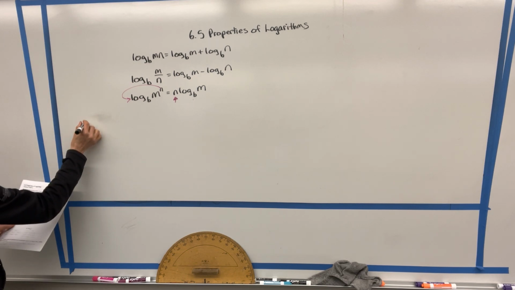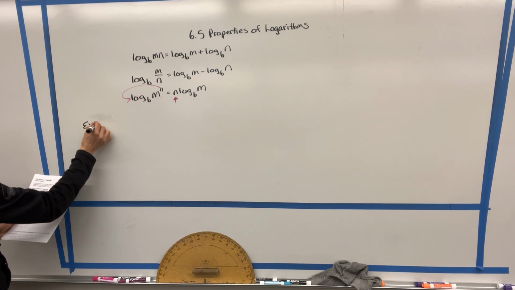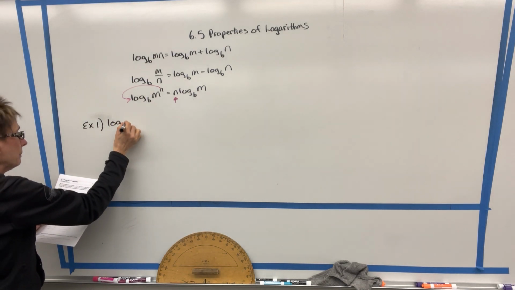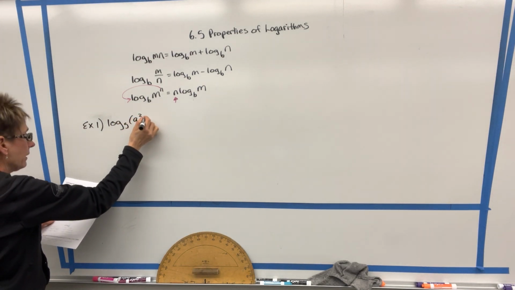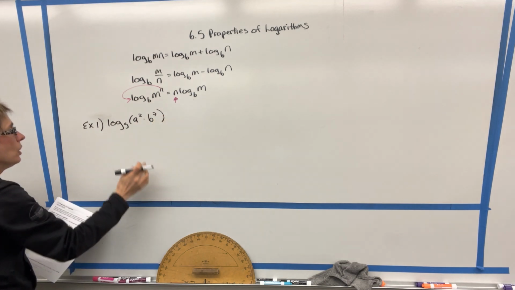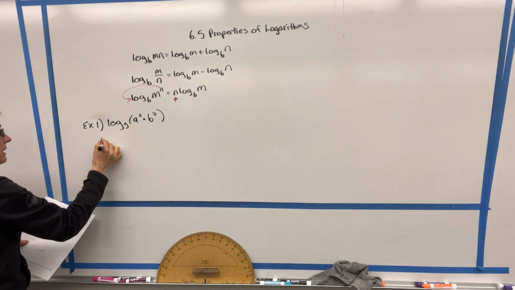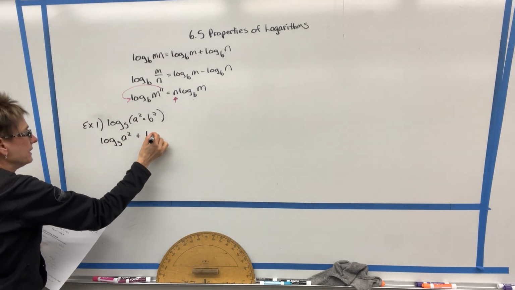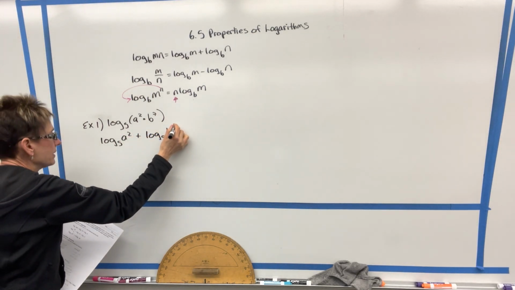We are going to expand some logarithmic expressions. Let's take a look at log base 5 of a squared times b to the 7. We can see that there is a product here, so we can break these apart and write this as a sum of the logs.